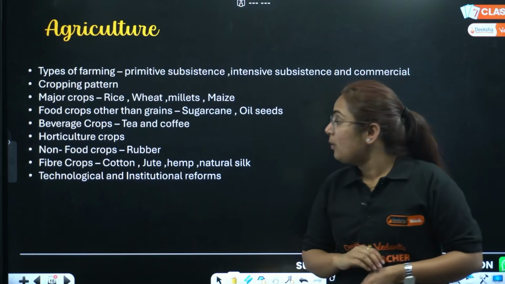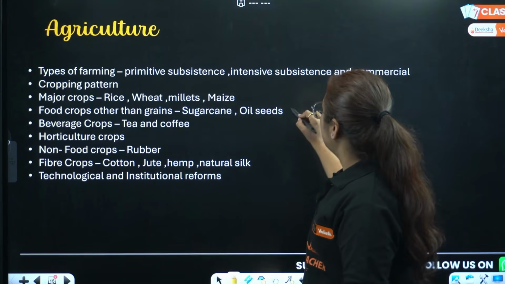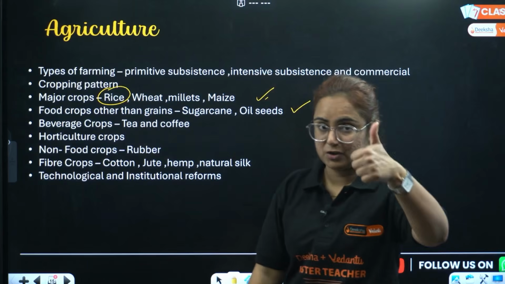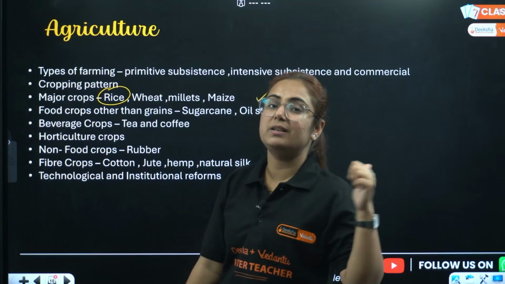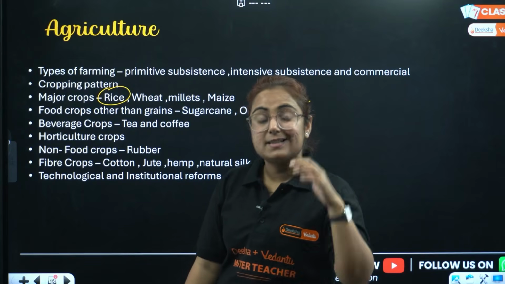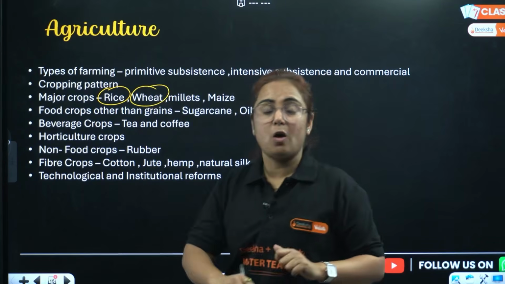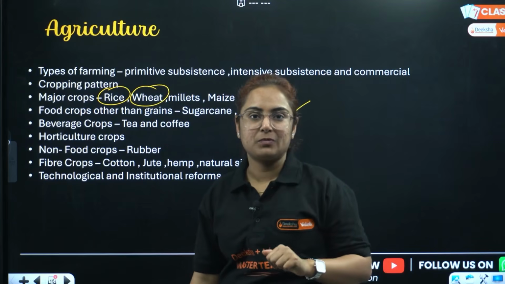Get it? What you need to study in this chapter are the major crops of India. Rice, first major crop of India, requires rainfall around 100 centimeters. It is a Kharif crop. Wheat is a Rabi crop, needs bright sunshine during ripening.